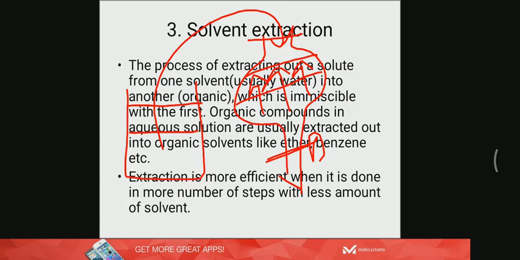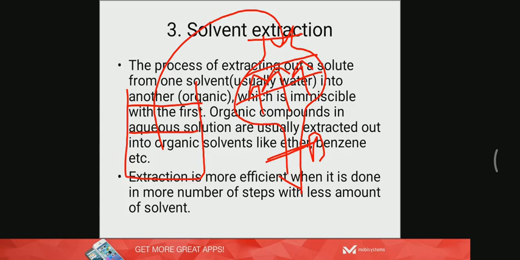You add a little more ether, put it in the separating funnel, and thoroughly shake, and again extraction continues, and you can separate the two layers and collect it, and the process is repeated. So solvent extraction is done in a number of steps.